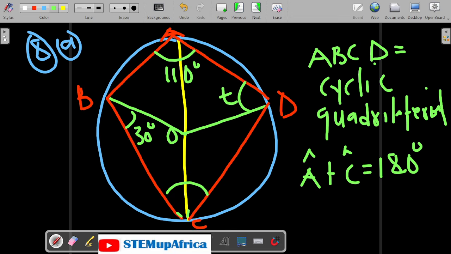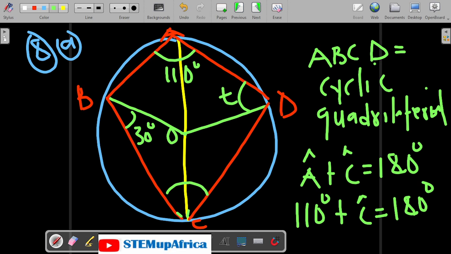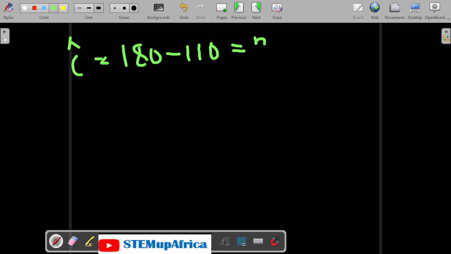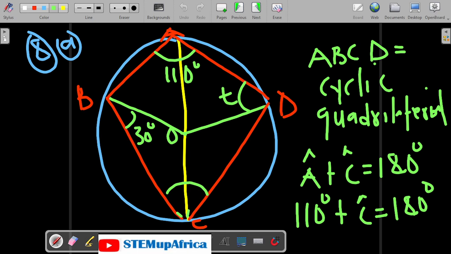So if angle A is 110 degrees, then angle C is 180 minus 110, which is 70 degrees. So let's go back and put it there. The value of angle C is 70 degrees.